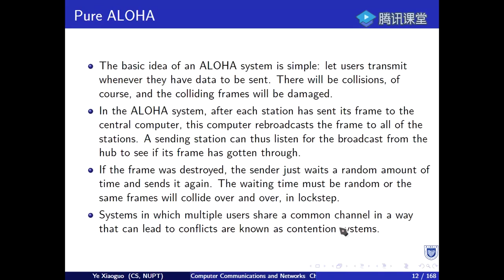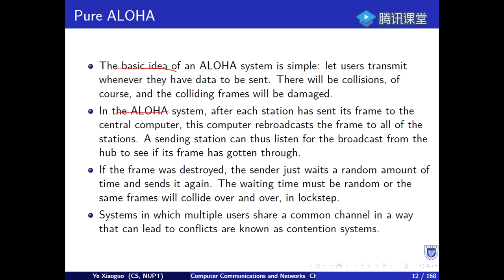The first version, pure Aloha, means continuous time Aloha. The basic idea is simple. Users transmit whenever they have data to be sent. There will be collisions, of course, and the colliding frames will be damaged.